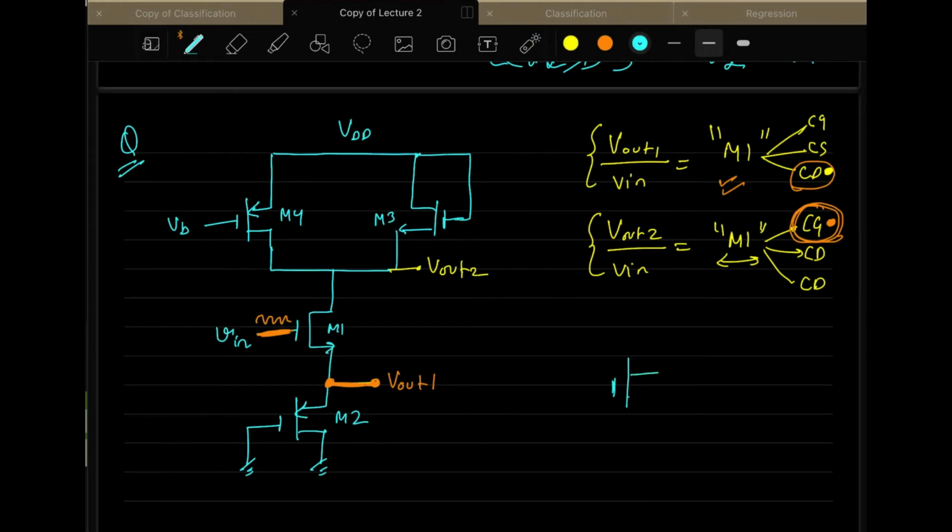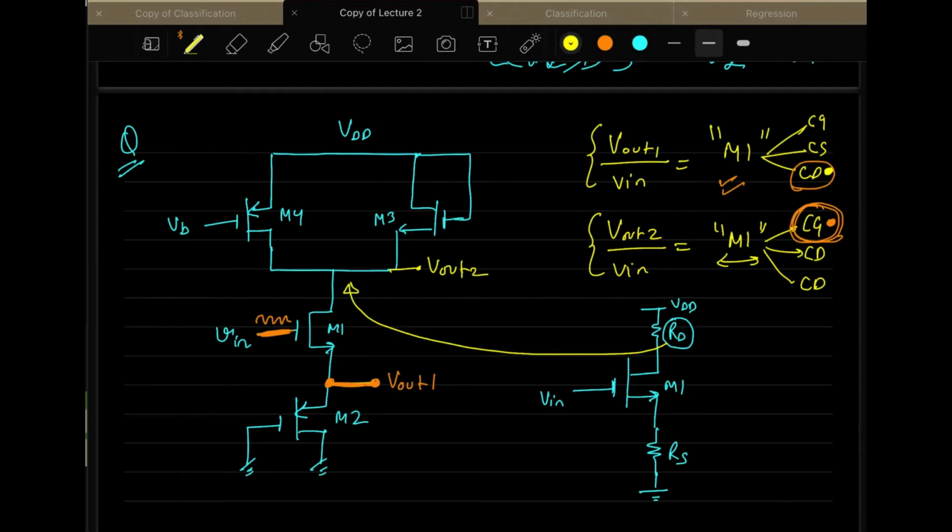Once you put these answers here, you will get a circuit like this: M1, then you have V in, then you have a resistance RD here with VDD connected, and then you will have a resistance RS here to ground. Now this resistance RD is equivalent to the total resistance that you will see from this side.